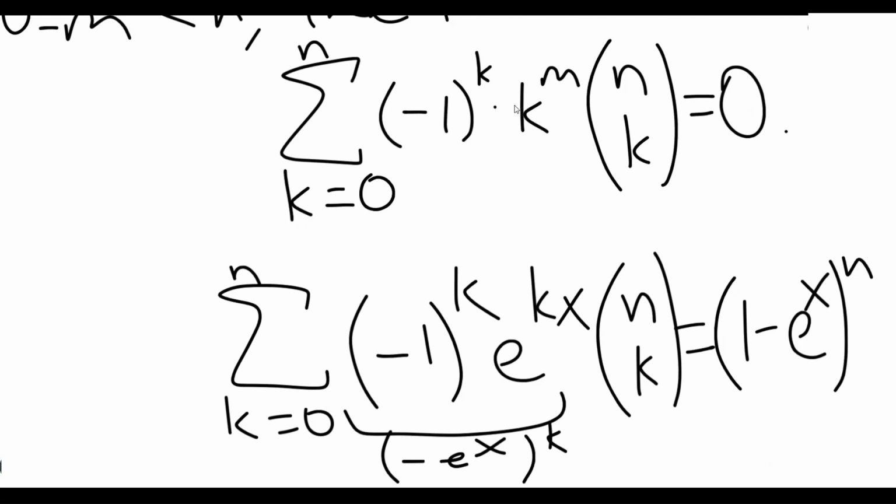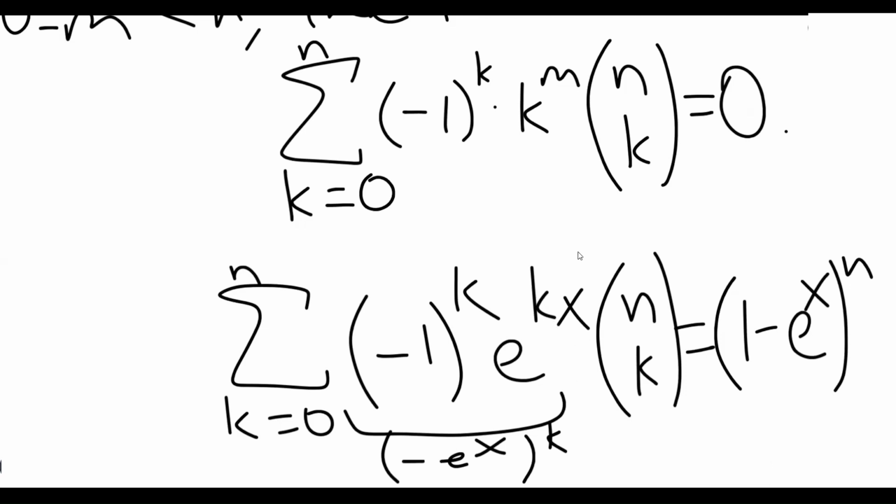So this identity is pretty straightforward. Now, how does this prove the identity I want? Well, if I think about expanding e to the kx as a power series, the terms will be powers of kx divided by some factorials.